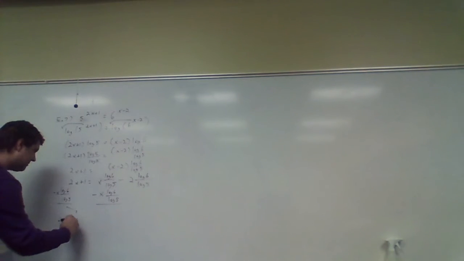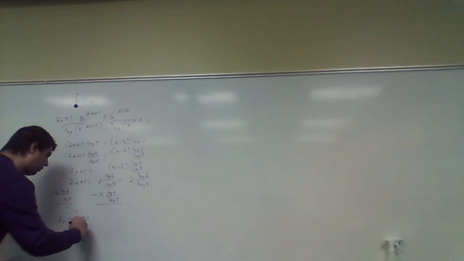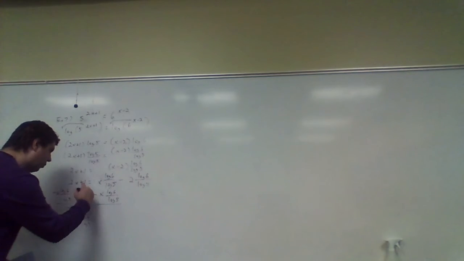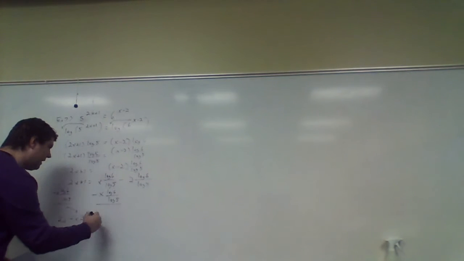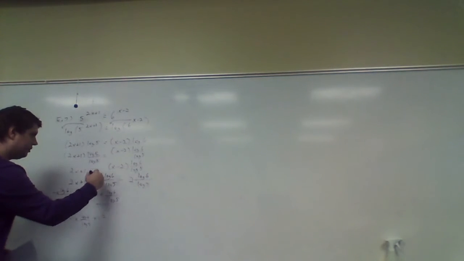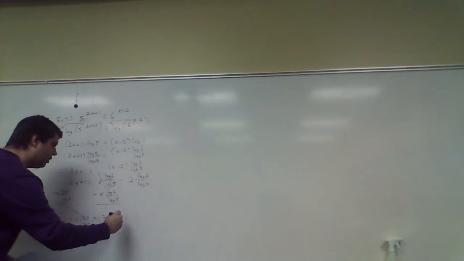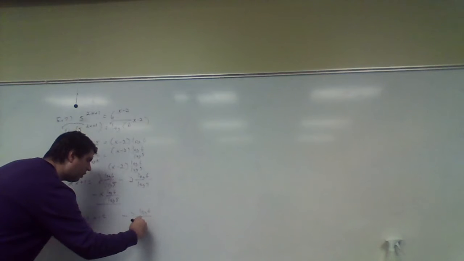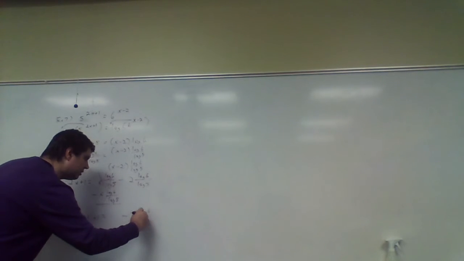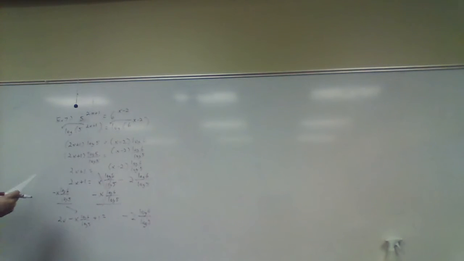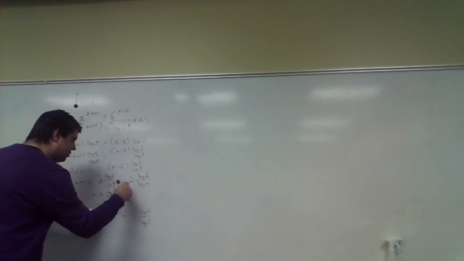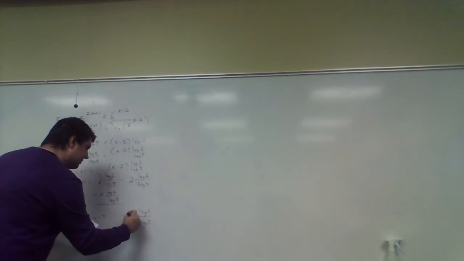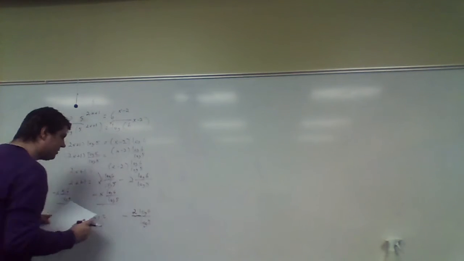And then you'll have minus x log 6 over log 5, and plus 1, equals negative 2 log 6 over log 5. I had gone ahead and made this into negative 2 times this. So I put the 2 on top.